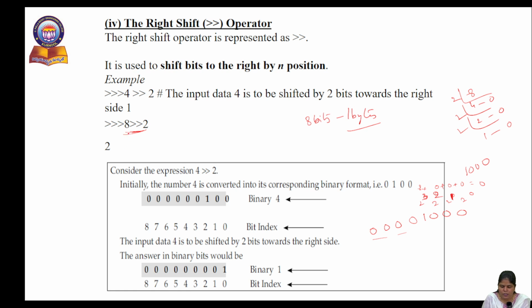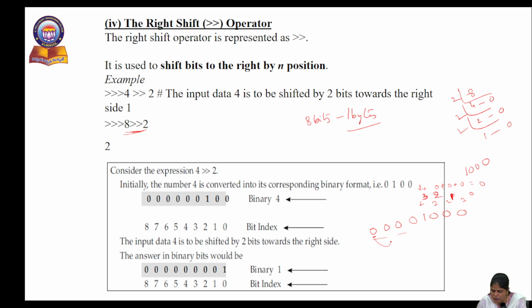So what I have mentioned, 2 times right shift. Starting from the left to the right, the bit place should be changed by one place to the right. It has to be shifted one place to the right.